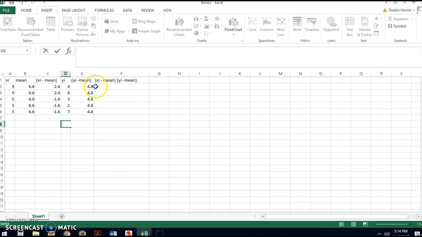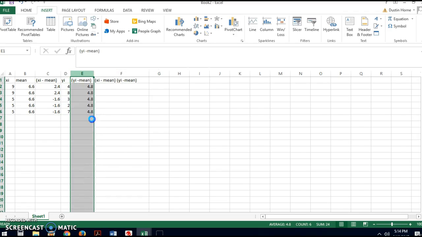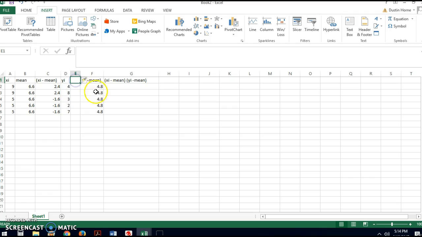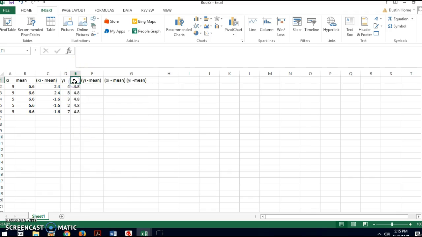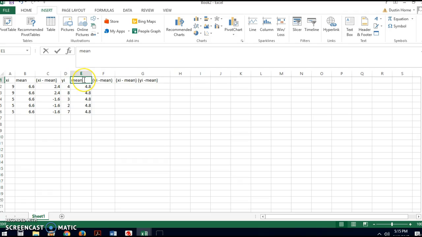I missed a column here, so I'm making a new column. Okay, so that's my mean, the mean of y, and right here I could say the mean of x.